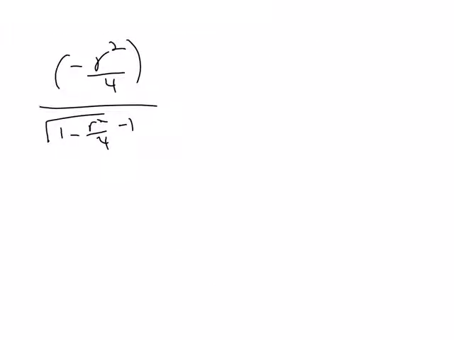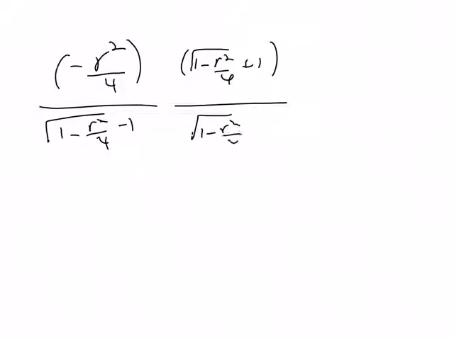Okay, so now let's multiply both of these by the conjugate of the denominator. So we're going to get times the square root of 1 minus r squared over 4 plus 1, divided by the square root of 1 minus r squared over 4 plus 1. So what is this over here?